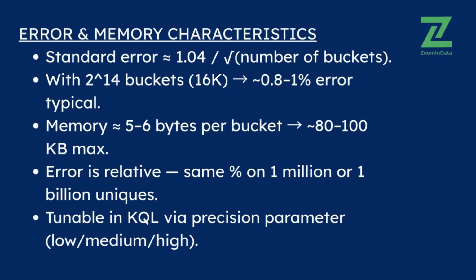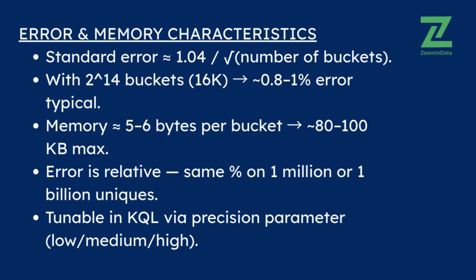Error and memory in Hyperloglog are very well behaved. Standard error is roughly 1.04 divided by the square root of the number of buckets. With the common 2 to the power of 14 buckets, 16,384, you get about 0.8 to 1% typical error. Memory is roughly 5 to 6 bytes per bucket, so around 80 to 100 kilobytes maximum, even for billions of distinct items.